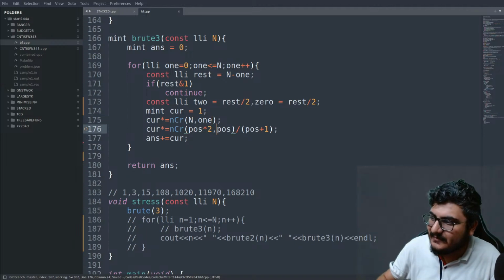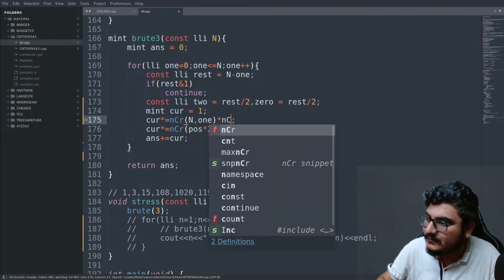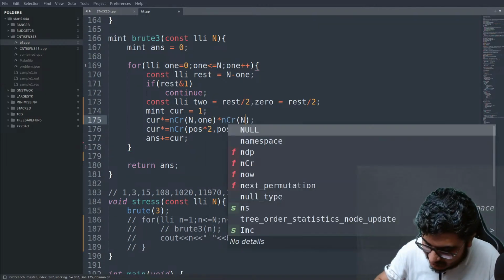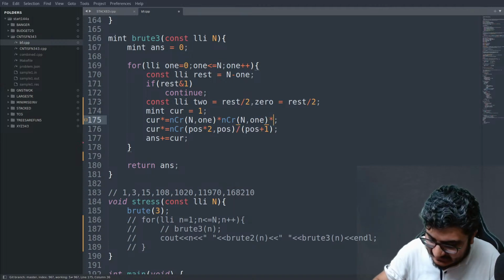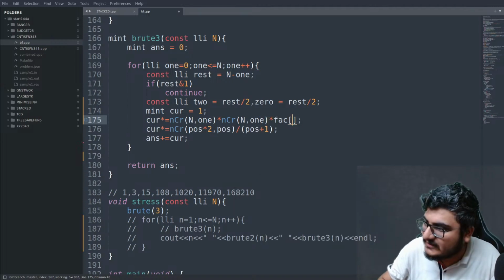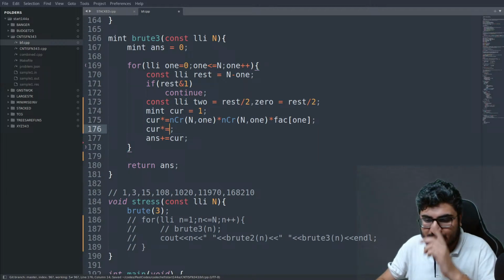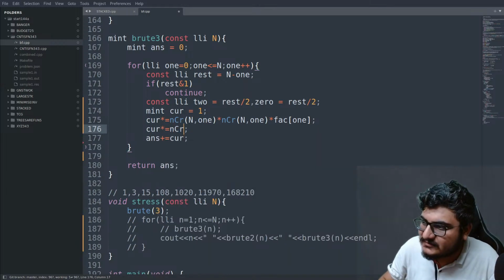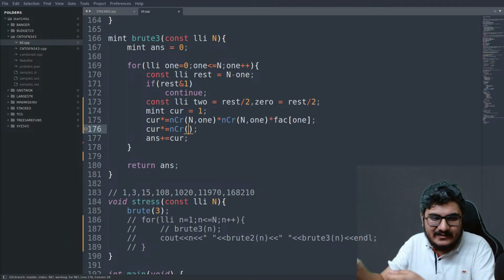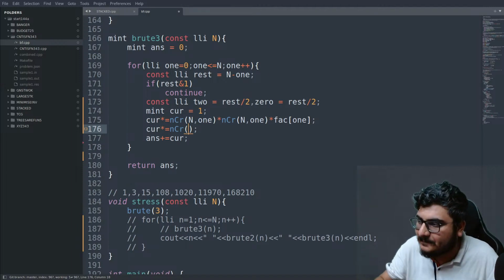First, I select the numbers which appear once and the index where they should be present, and the number of ways to arrange those numbers. Now the number of ways to form a valid pairing is just the Catalan number.